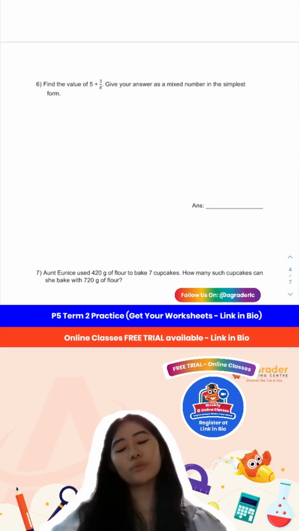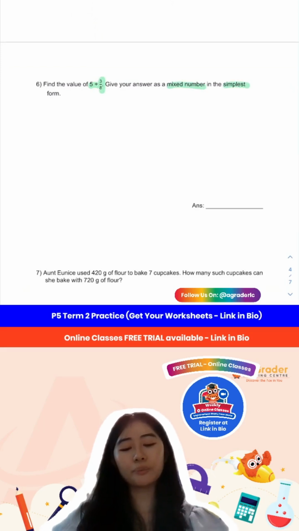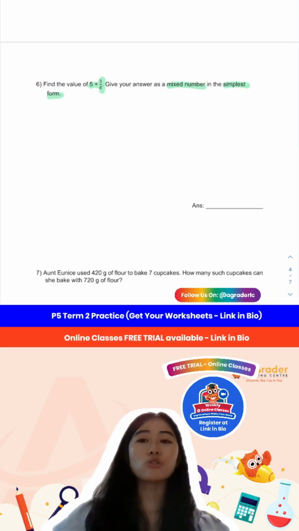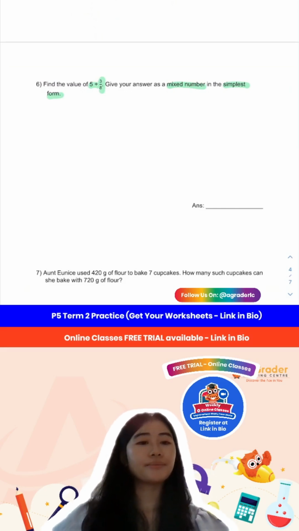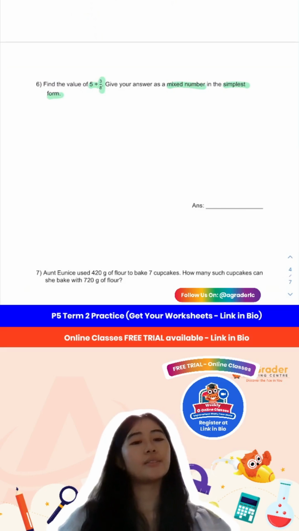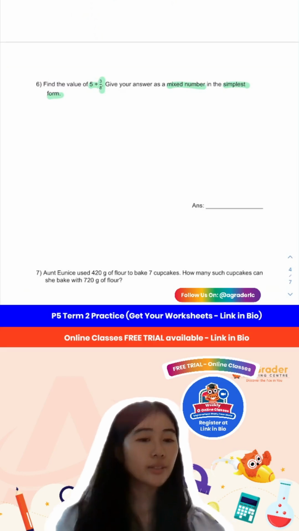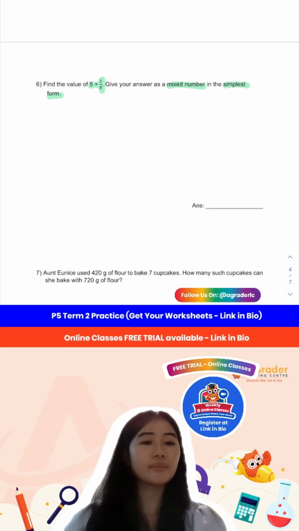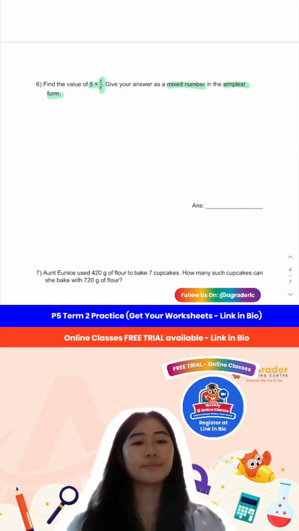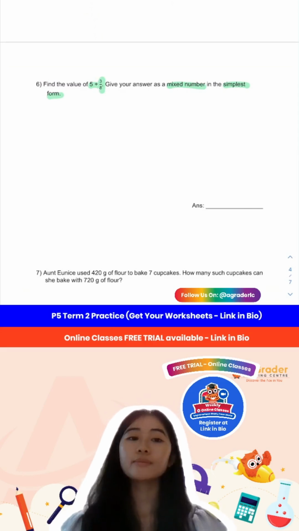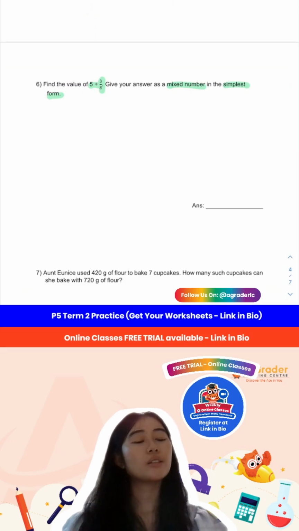Question 6, you're supposed to find the value of 5 divided by 3 over 8. Give your answer as a mixed number in the simplest form. Okay, so you guys can try this, and then I will take a look at your answers in the chat. Okay, so far, whoever has sent in the answer in the chat, you all have the same answer.